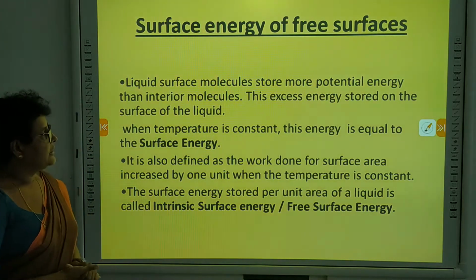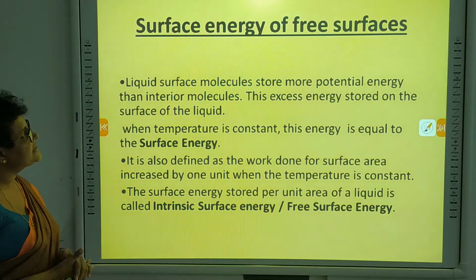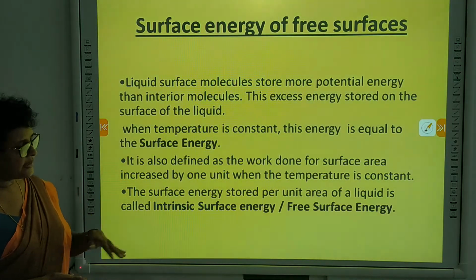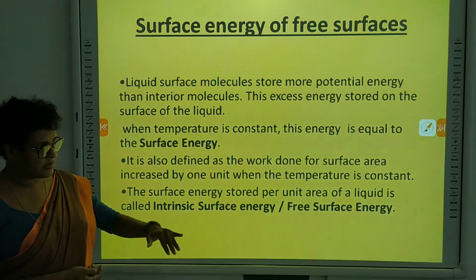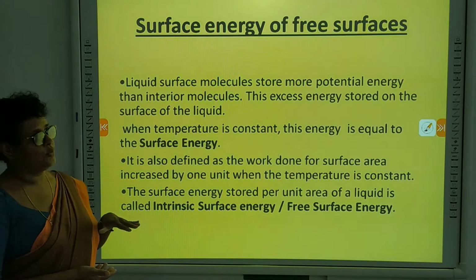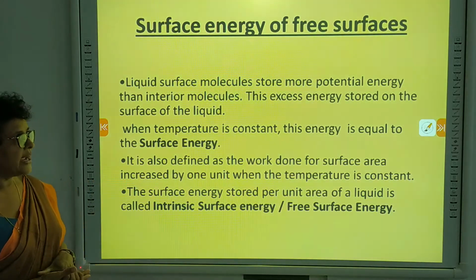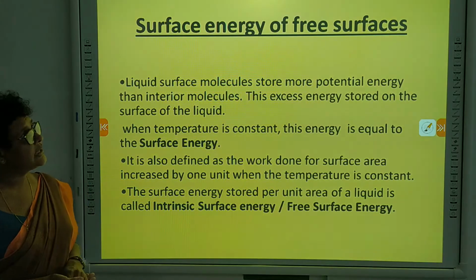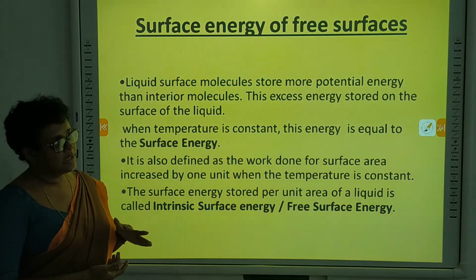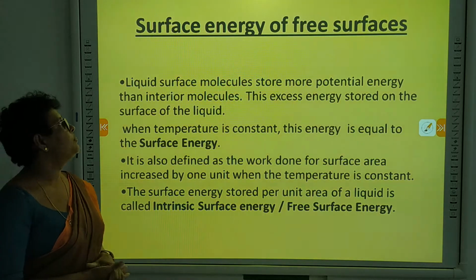Now, the next thing is, on this surface, we have a free surface energy. I told you that inside the water, the molecule A has negative potential energy, but at the surface you have a little more than that, that means molecule A has less energy than this B, right?